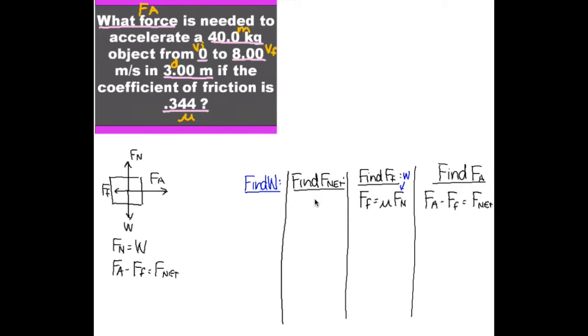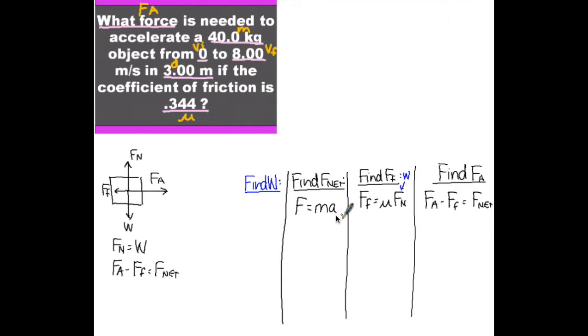Let's back up here. How am I going to find the net force? This is net force, but I already used it. The other way is F equals ma. Remember, that's one way I can use that equation. Net forces cause acceleration. So I'm looking for this net force. I do know the mass. It's up here.